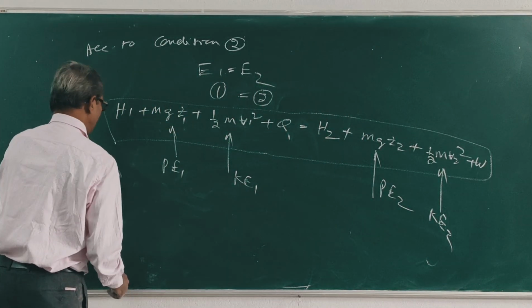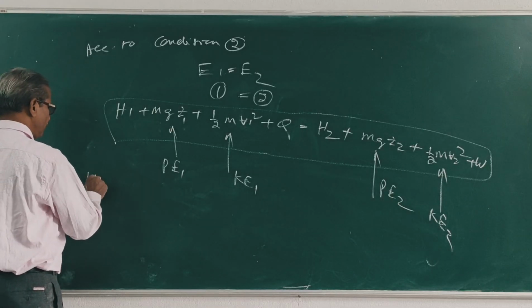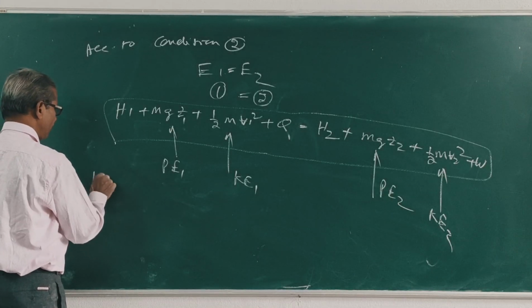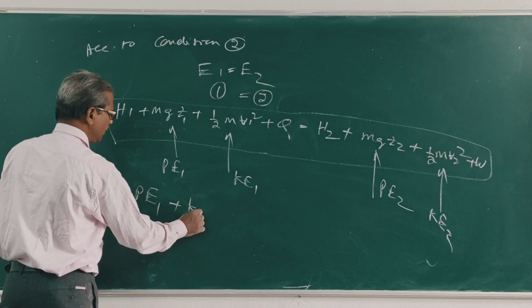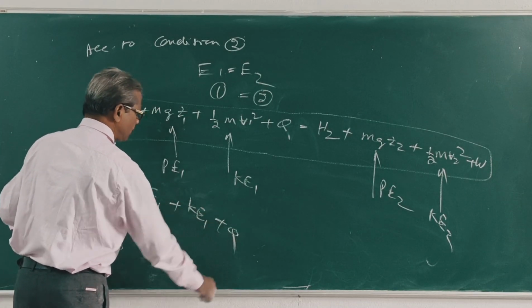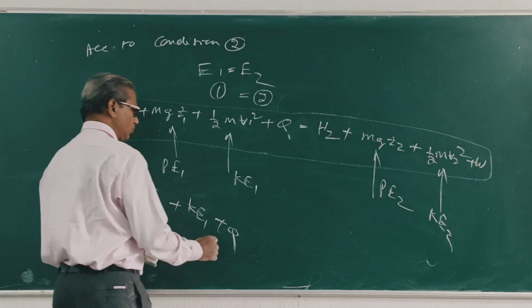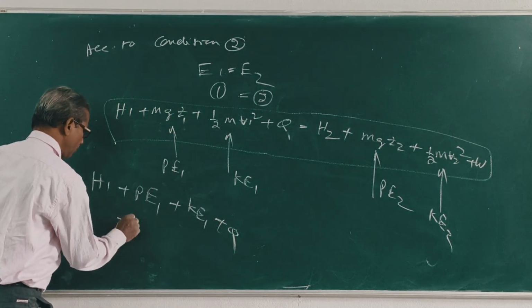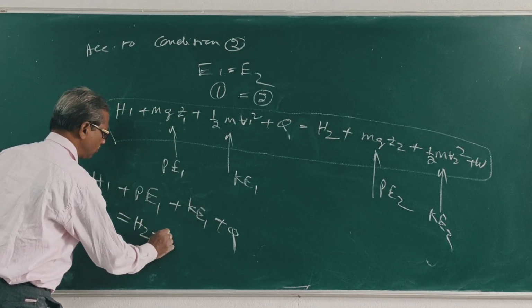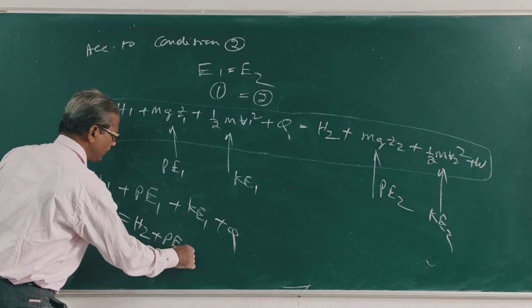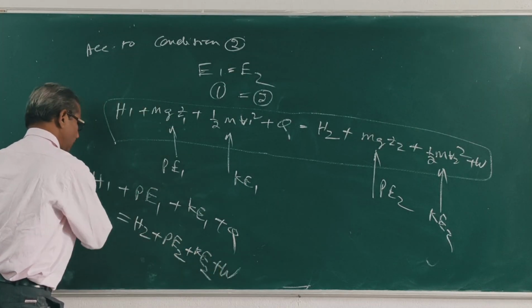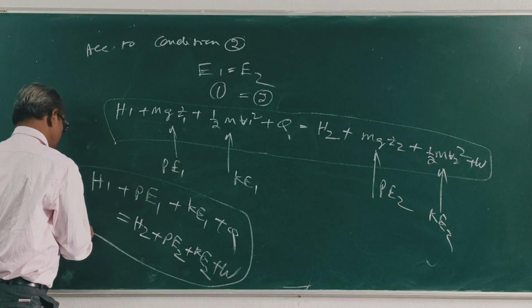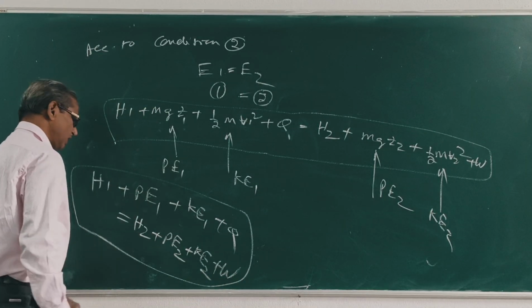So H1 plus P1 plus K1 plus Q is equal to H2 plus P2 plus K2 plus W. Clear?